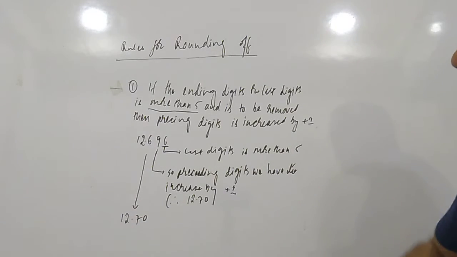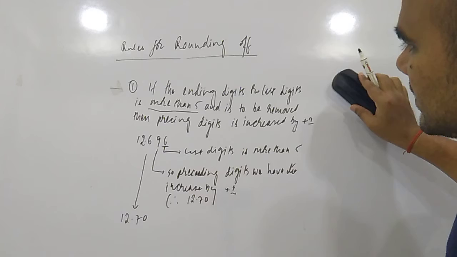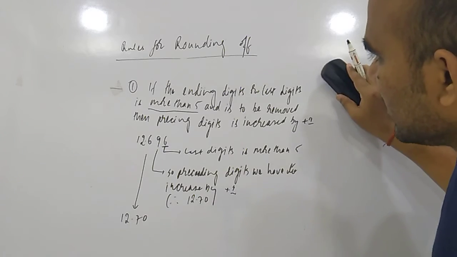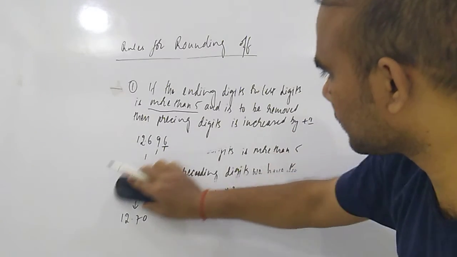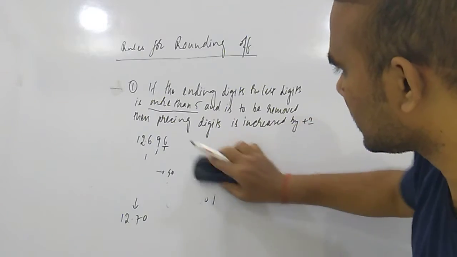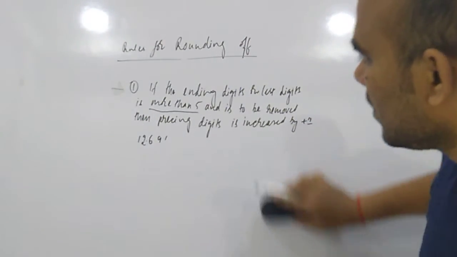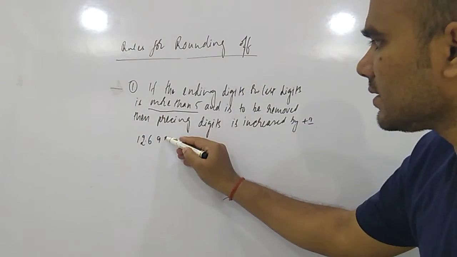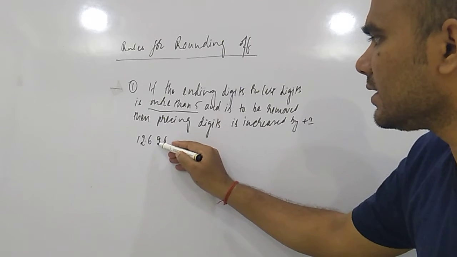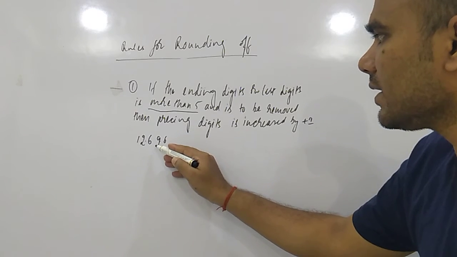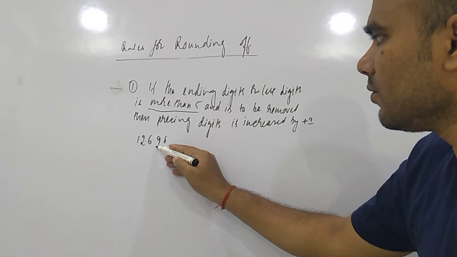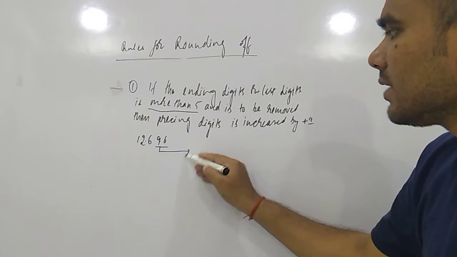I'm changing this explanation. What is the last digit? Take the same example, 12.69, and say you want to remove the last 2 digits.